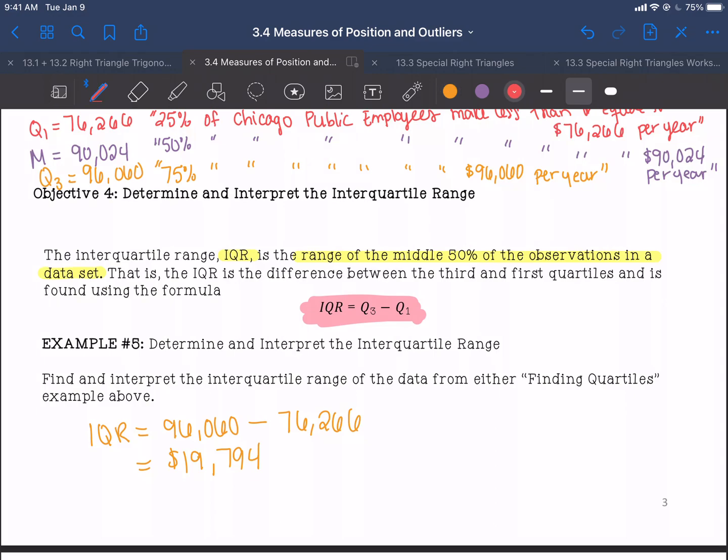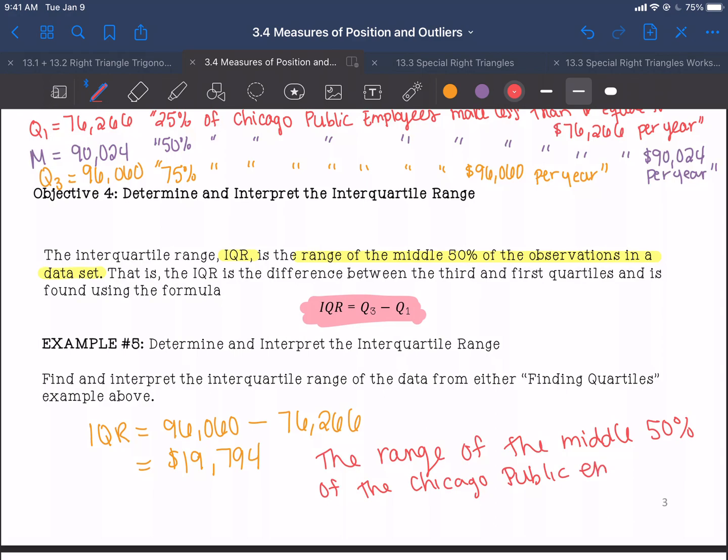So interpreting that just means the range of the middle 50% of the Chicago public employee salaries is $19,794.